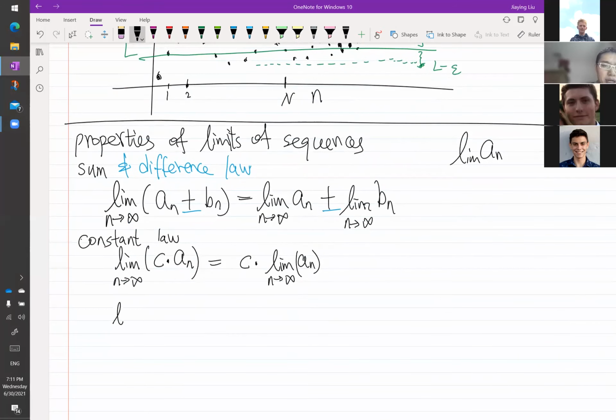And if we take the limit of a product of the elements of sequence a_n and the elements of sequence b_n, if we multiply them and take the limit, it's just the same thing as taking the limit of each of them separately and then multiplying the limits together.